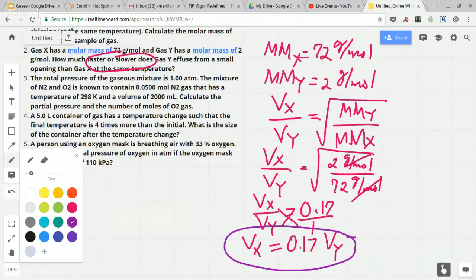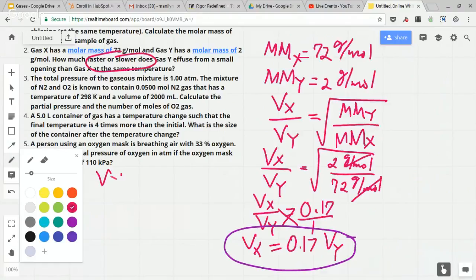X is 72 compared to Y, which is just 2 grams per mole. So if we compare X to Y, X should travel slower, so the rate has to be less than 1.